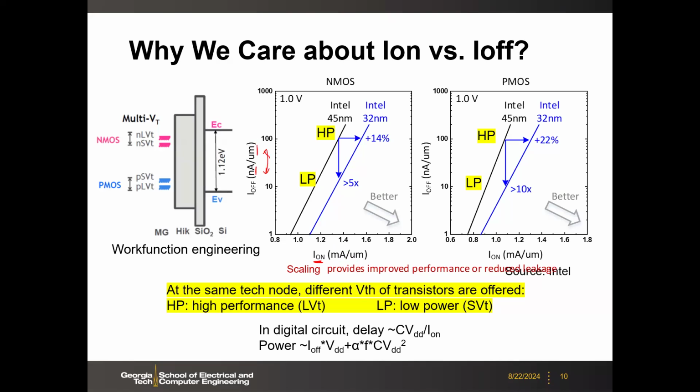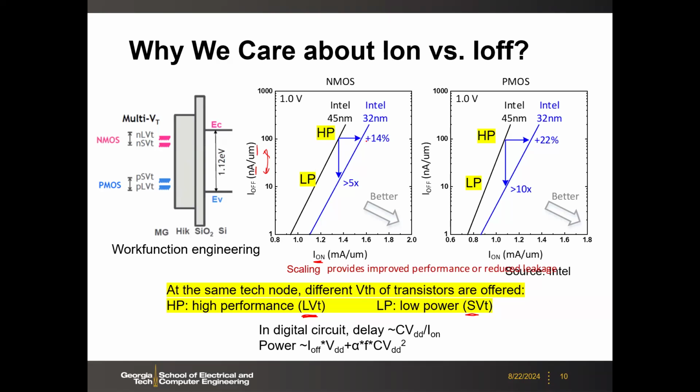At the same technology node, you will have different kinds of transistors with different VTH. One is the high performance transistor, HP, with low VT, and then the low power transistor with standard VT or high VT.